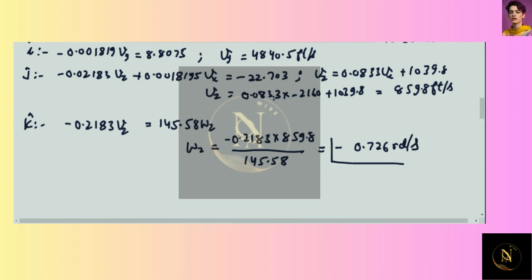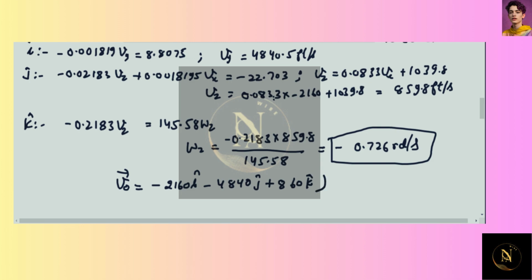This is one of the answers. And the velocity of the meteorite V naught will be minus 2160 i cap minus 4840 j cap plus 860 k cap feet per second. So this is the answer of part B of this problem. Thanks for watching.